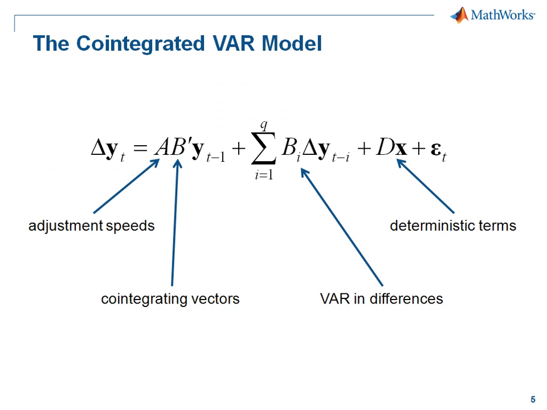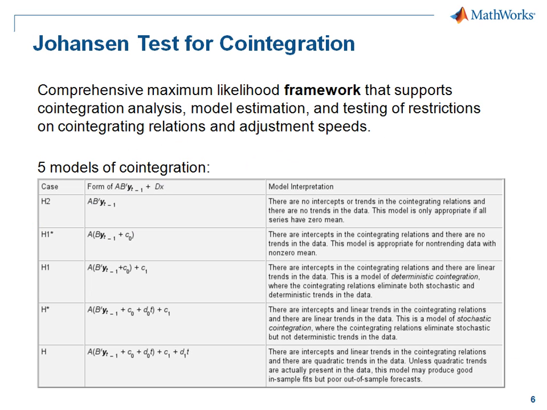They're basically just looking at this error correction term plus the deterministic terms in the error correction model. Johansen lists 5 cases here that typically come up in econometric data, some of them not so typically, like H and H2, and our framework allows you to consider 5 cases as well for co-integration, depending on whether you want to include intercepts and time trends in the data as an alternative, whether you want to have intercepts and time trends in the co-integrating relations, and so forth.